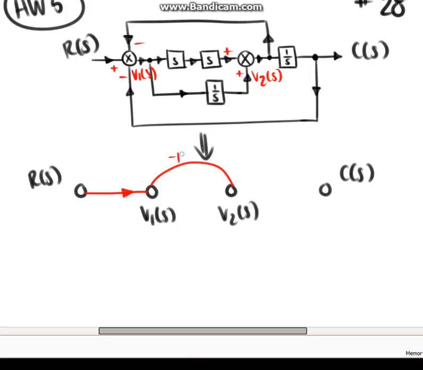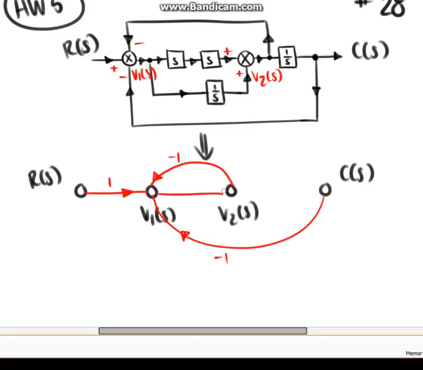This is a plus 1, we need to clarify. And all the way from C of S we have minus 1 coming back.